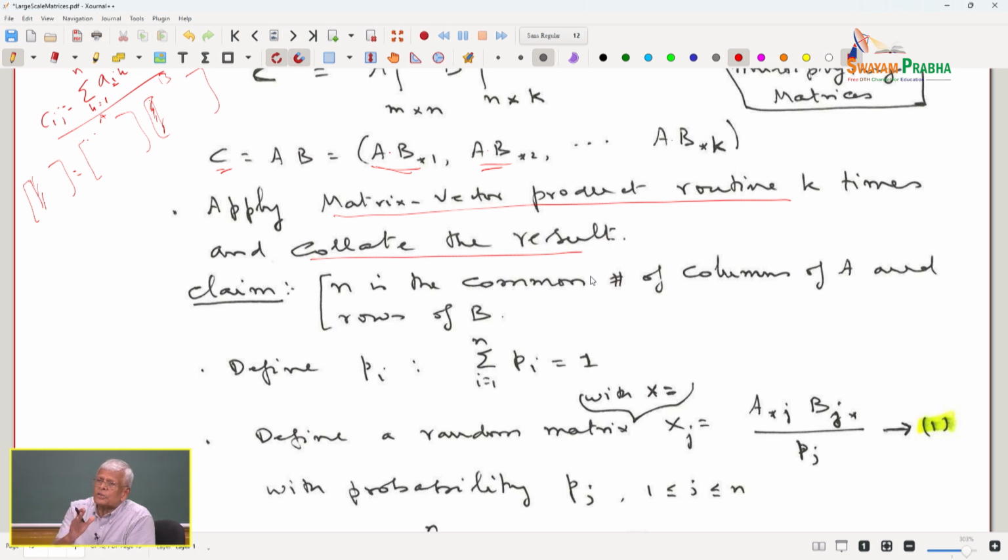So, if I pick a particular column, I should be able to pick the corresponding rows. Here I am trying to express that I am going to recover C not as elements, but as columns. So, if I can pick k columns of B with importance sampling, I can multiply each of the k columns of B by the matrix A, and then I would get k columns of the product C. The probability of selection is Pi, and summation Pi is 1.